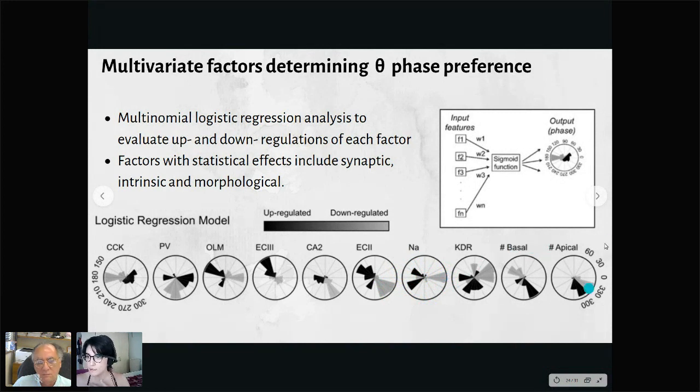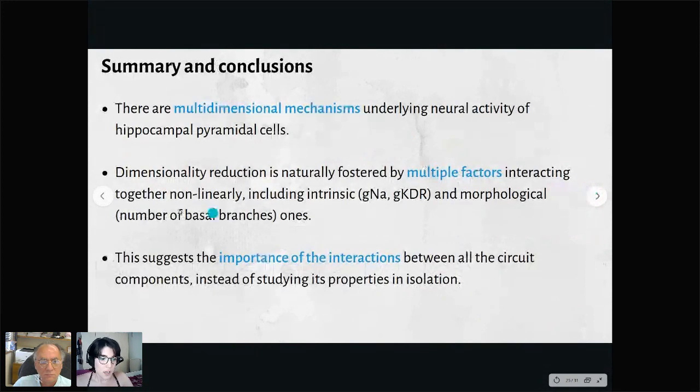Here we can see again the results from the previous slide, that the morphological properties are also somehow modeling this low dimensional output. So all this shows that the mechanisms underlying the neural activity are multidimensional.